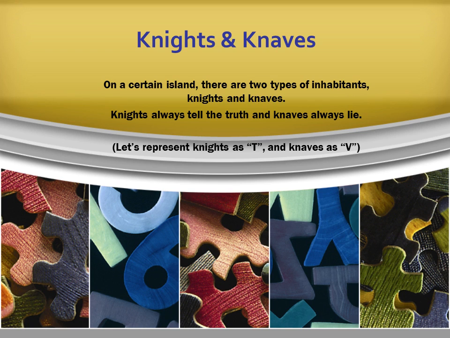And knaves always lie, so every time they say something, it is always false. Just so that we get a convention, I would like to use knights as T and knaves as V. In these problems, you're supposed to figure out whether these people we're going to discuss are knights or knaves. So anytime I denote knight, it's going to be T, and knave is going to be V.